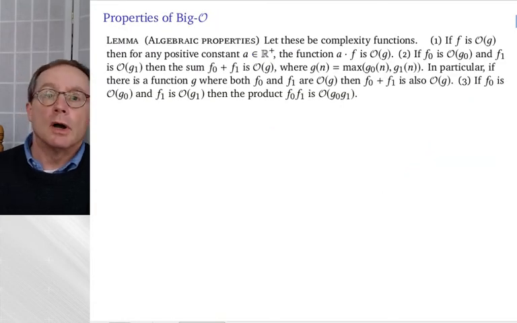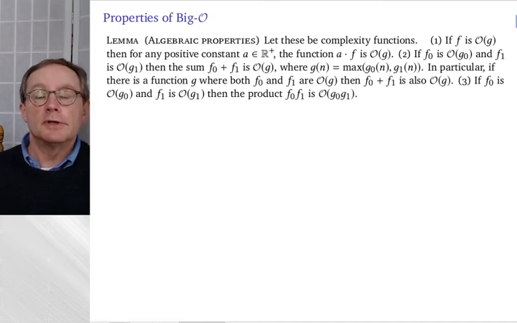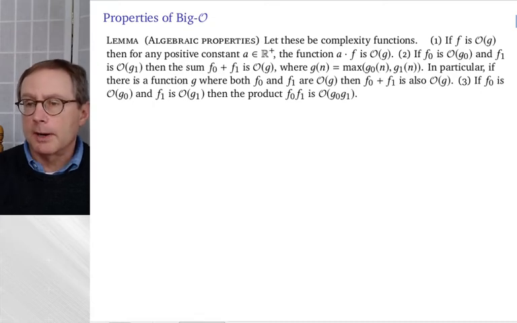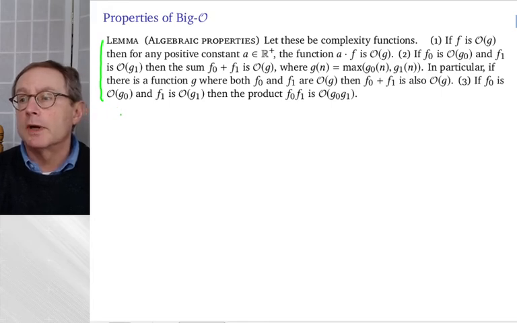Okay, so again, not doing examples of the definition because this is a review. Here are the algebraic properties that big O has. There's a list of what happens with respect to addition, what happens with respect to scalar multiplication.